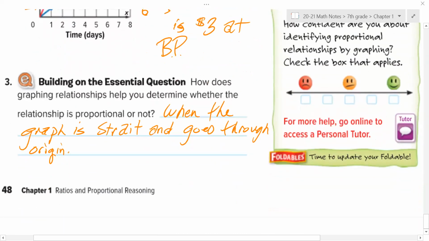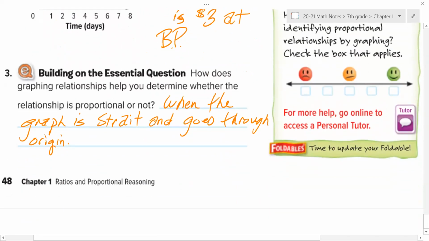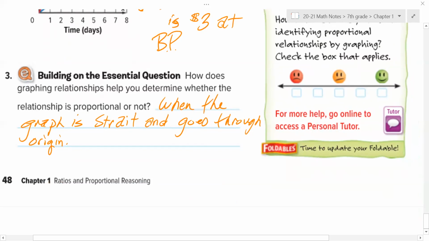So when it's straight and it goes through the origin, that's when we know if something is proportional or not. So those two factors are the main concepts of knowing whether it's proportionate or not. If it doesn't go through the origin, or if it bends a little bit, it is not proportionate.